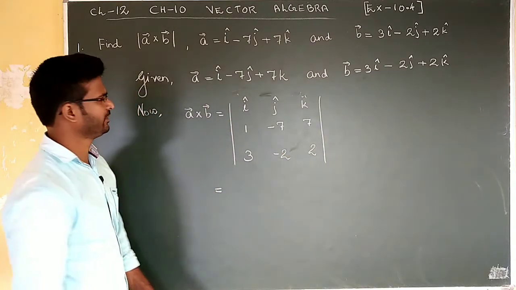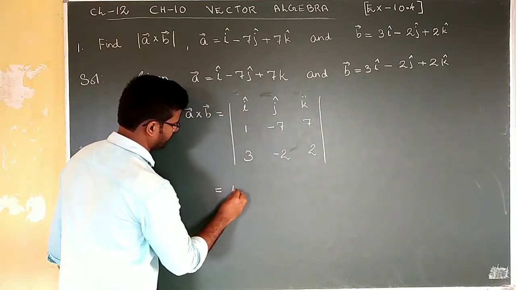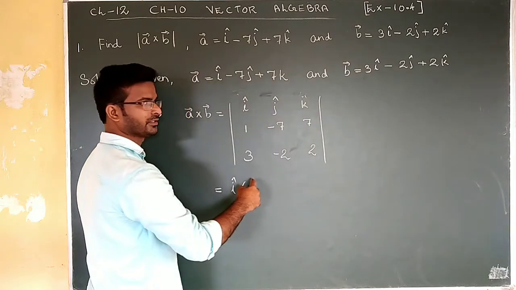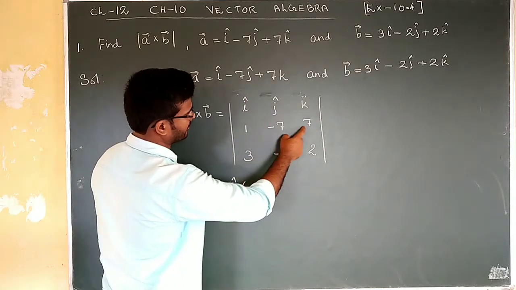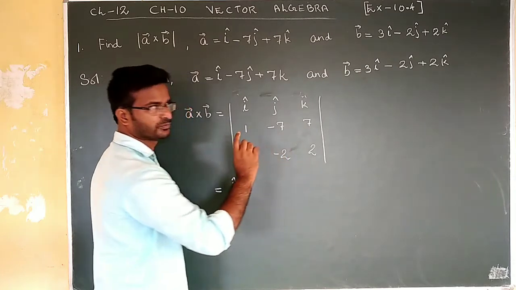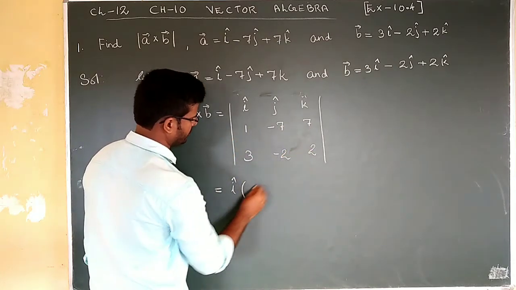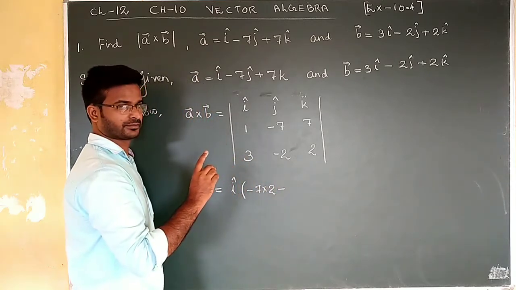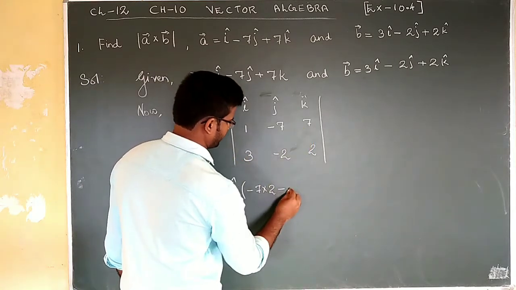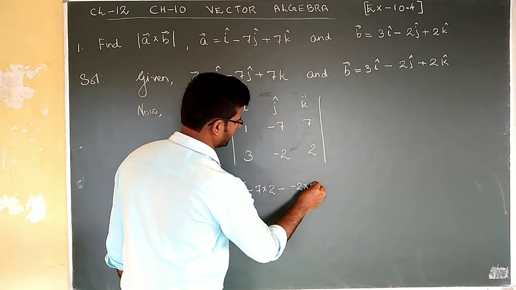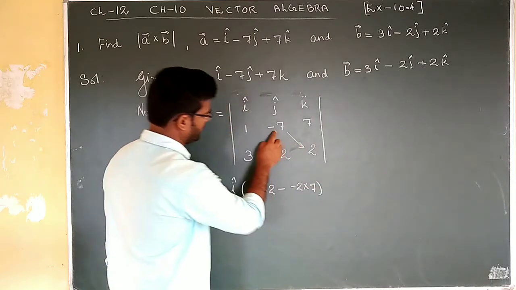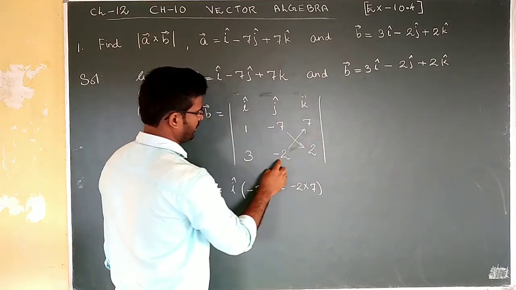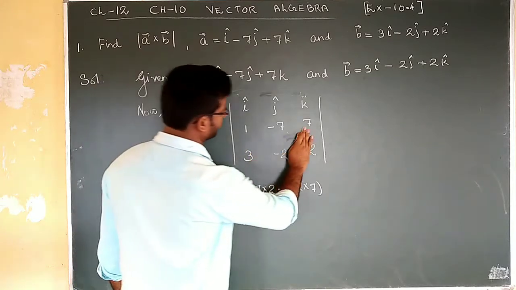We can take the determinant. First i vector into: leave the first row and first column. Then the remaining numbers are minus 7, 7, minus 2, 2. Then cross multiply: minus 7 into 2, minus minus 2 into 7.